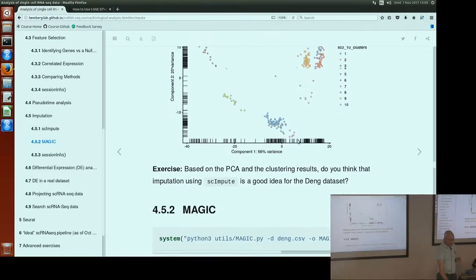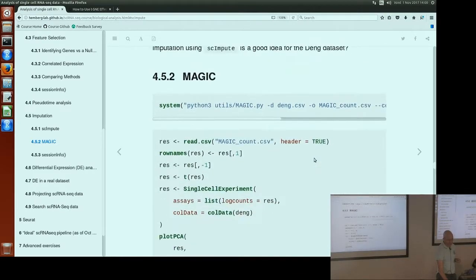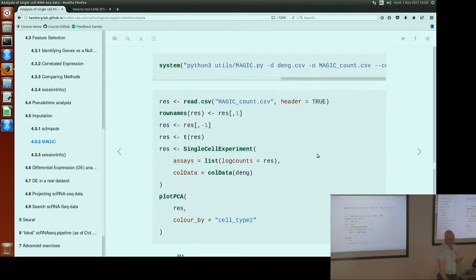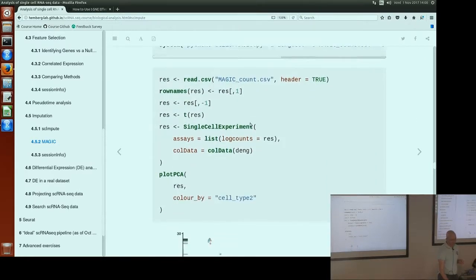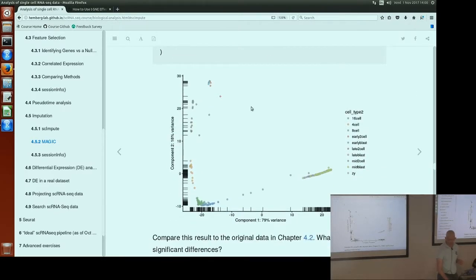Before we do this exercise, we can show that we're doing the same thing with MAGIC. We're running this Python command, and then doing the PCA plot. What we can see here is something which looks more like a trajectory than a clustering.